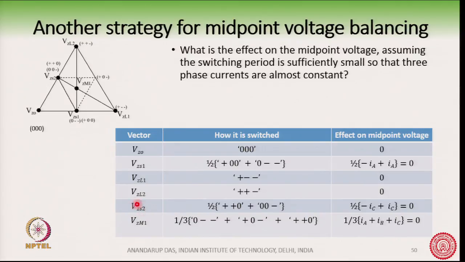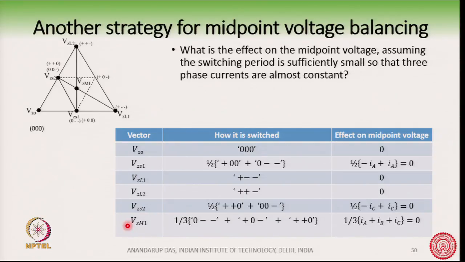When we apply VZS2, that is this one, again we apply plus 0 0 and 0 0 minus for half durations of time, so as to create VZS2, and so its effect is again 0, half of minus IC plus IC, which is equal to 0. We could have also said T1 and T2 periods here, but anyway half of minus IC plus IC is equal to 0.